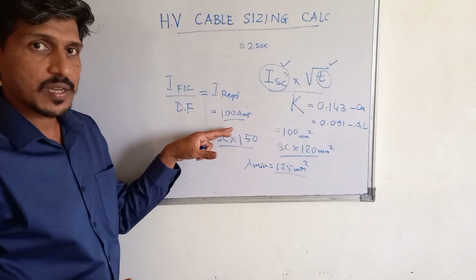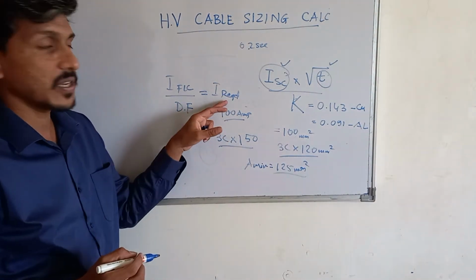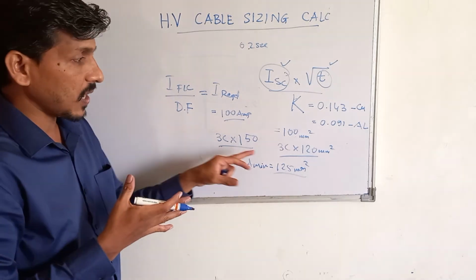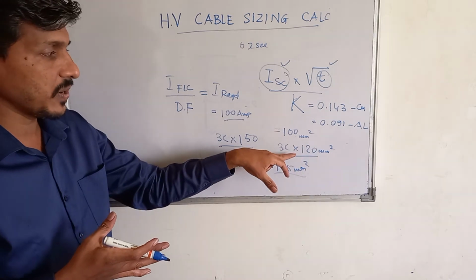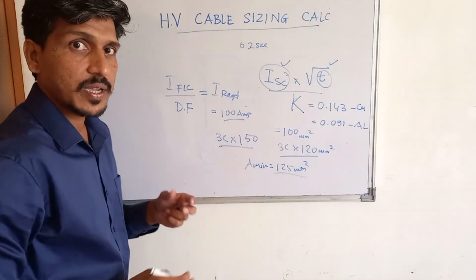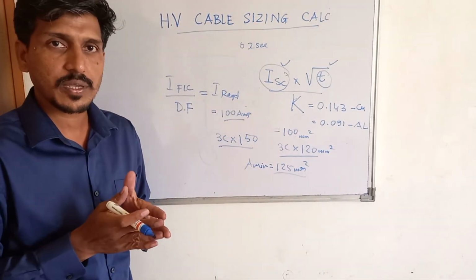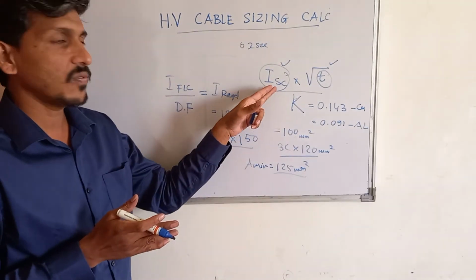So we have to select a cable based on the full load current divided by the derating factor, that is the required current. Whatever cable size we are considering, that cable size should be above your minimum cross-sectional area. Let's say your minimum is 3-core 120, then you have to select a cable above 120, that is 3-core 150. So this is the only difference: we have to calculate the cross-sectional area of the cable based on this formula, and that is based on your fault level.